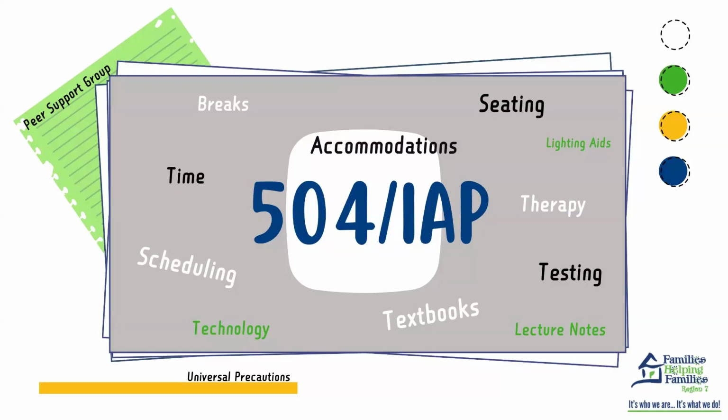Also, the IAP should show consistency between standardized test accommodations needed and those accommodations routinely provided in the classroom.